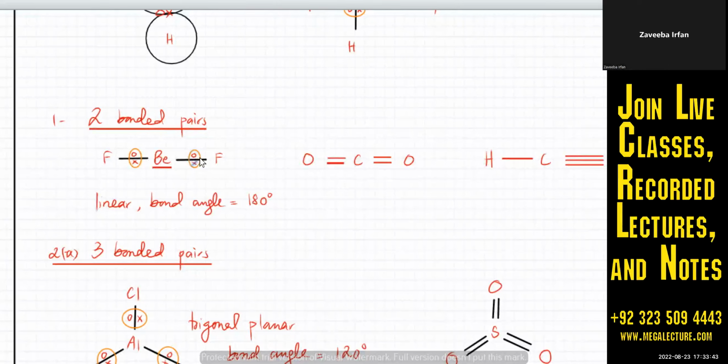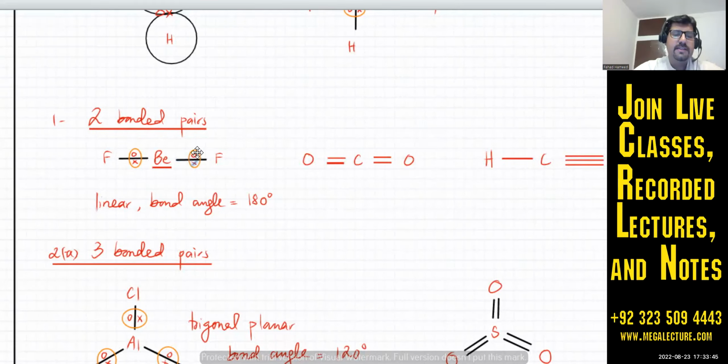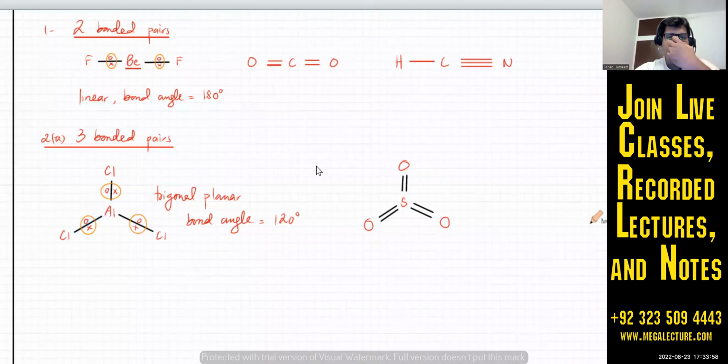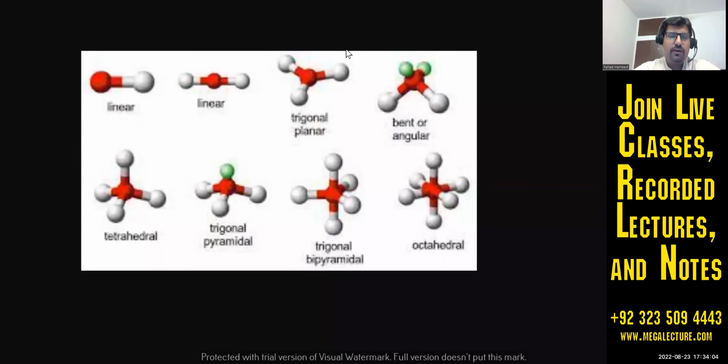This one is repelling this one, right? So they'll try to be as far away from each other as possible. When you have three bonded pairs, they'll try to be as far away from each other as possible. And the only way in three-dimensional space that they can be actually far away from each other is trigonal planar. It's 120 degrees. If they're 120 degrees away from each other, is that clear?